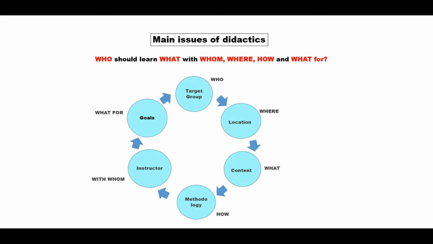There is a close relationship between these schematized components. We cannot speak, for instance, about the target group who in isolation, without taking into consideration all the didactic aspects needed in any teaching learning situation.